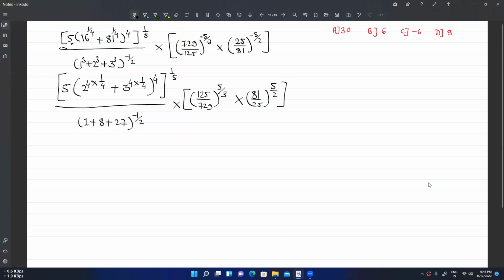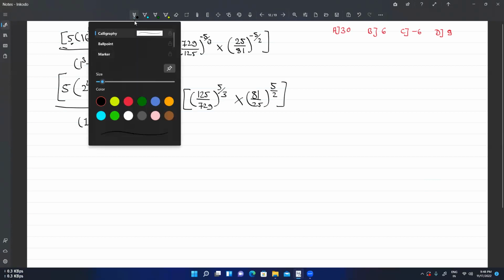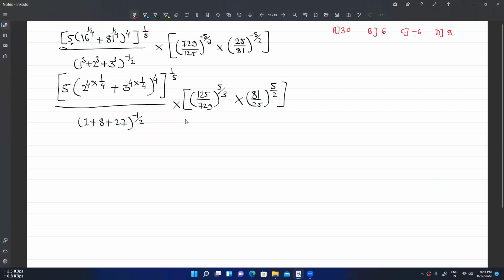Okay, let's solve for this bracket. This 5 will be as it is, then this is 16 in bracket, I can write a multiplication sign here. This 16 can be written as 2 raised to 4, and, hold on a second, this is already done.